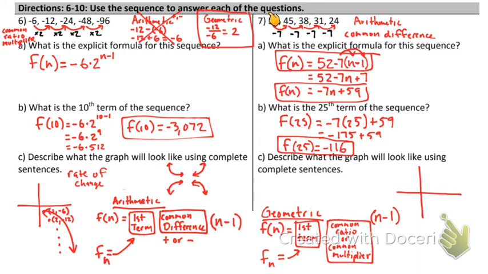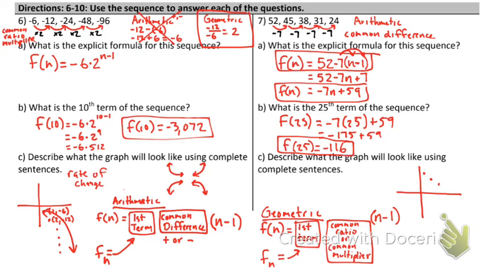So it's going to be 1, 52. If I sketch that, we'll put it there. And then the next one is 2, 45. Think of an input-output table here. The next one is 3, 38.